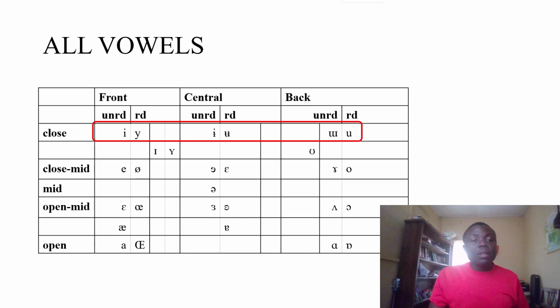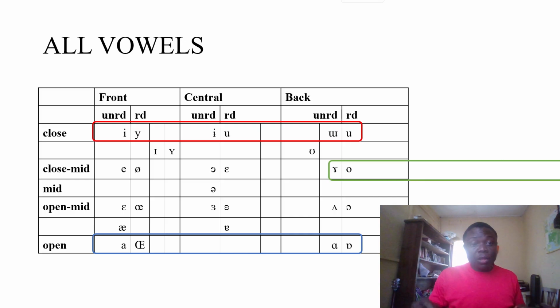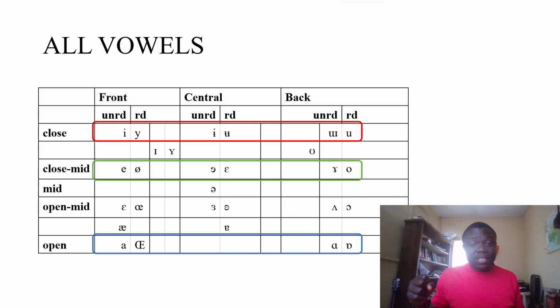So let's now take a look at these again. We're trying to understand this. Look at the horizontal scale now. Look at all of the vowels. All of these vowels highlighted in red are close vowels. All of these in blue are open vowels. All of these other vowels highlighted in green are close mid vowels.